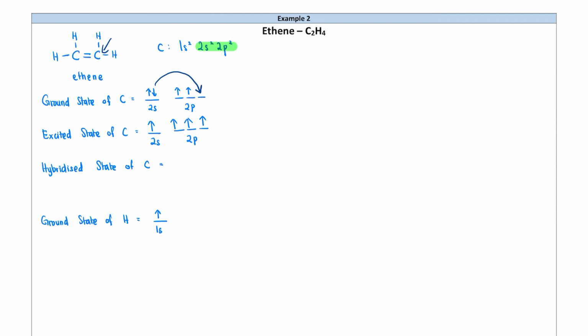So kiranya ini 1, 2, 3. So dekat carbon ada 3 bonding pair. So maksudnya type of hybridization dia adalah sp2 hybrid. So the same goes for this carbon, sp2 hybrid juga sebab carbon ni ada 1, 2, 3. Double bond kita kira sebagai 1 sahaja dia punya bonding. So sp2 hybrid dua-dua, so tak apalah kita buat sekali je.